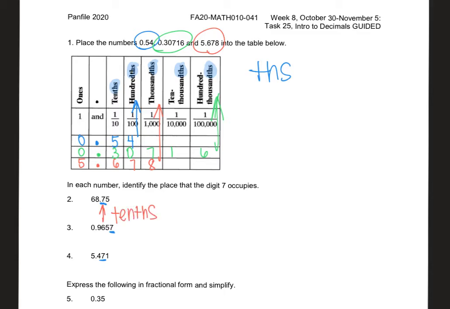The number 3, it's the tenths, hundredths, thousandths, 10,000ths. And then number 4, we have that second digit, and that's going to be the hundredths.